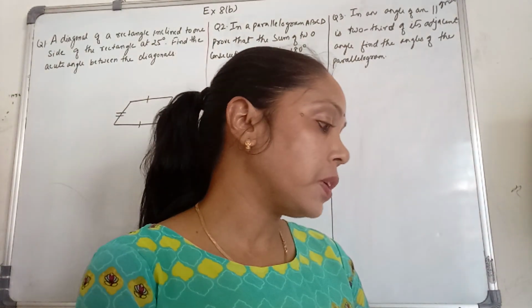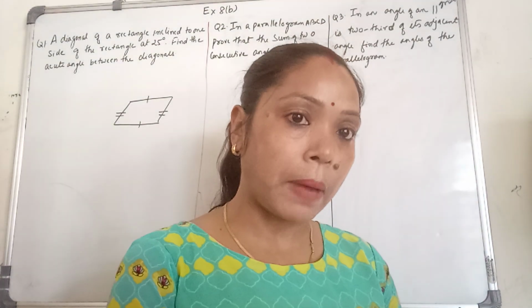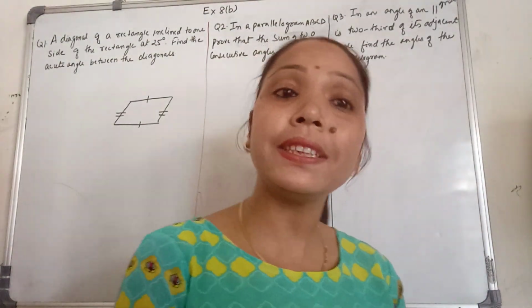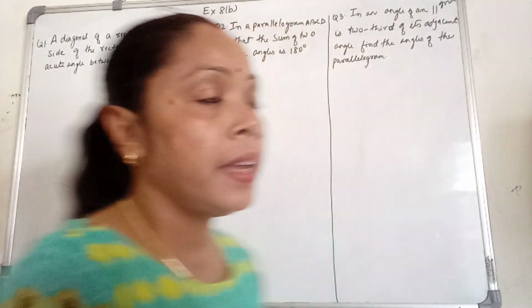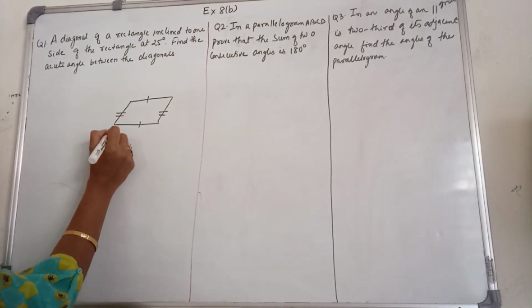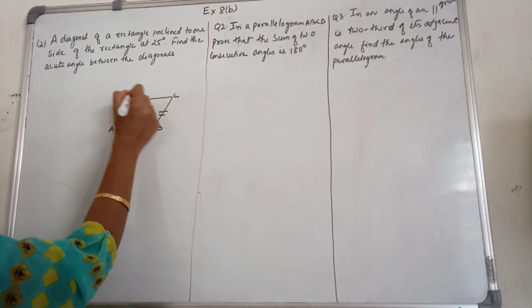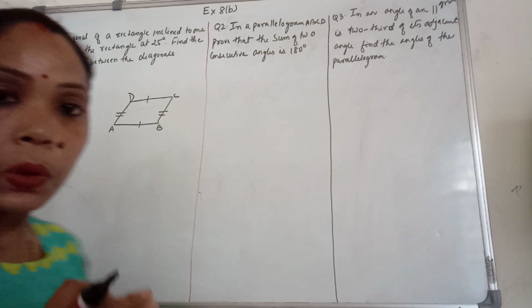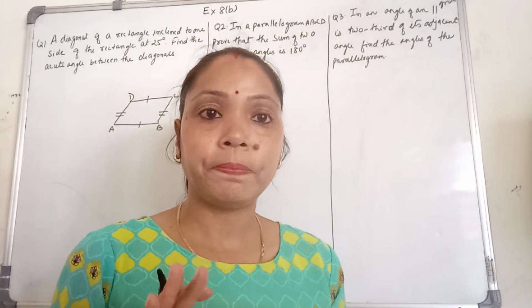Now the second is, a quadrilateral is a parallelogram if opposite angles are equal. It means if you write here A, B, C, D, it has four angles.